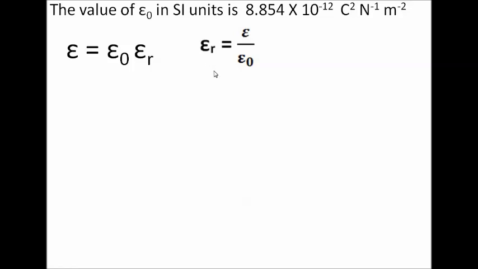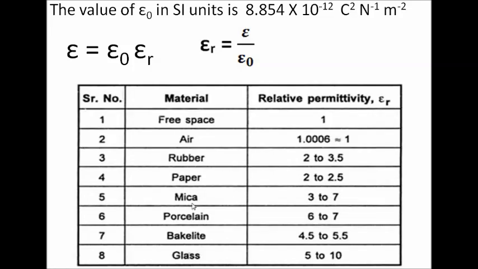Okay, and experimentally calculated dielectric constants of some materials I am listing here. The relative permittivity of free space is 1 and the relative permittivity of air is 1.0006. That is, we can take the epsilon r value of air approximately equal to 1.